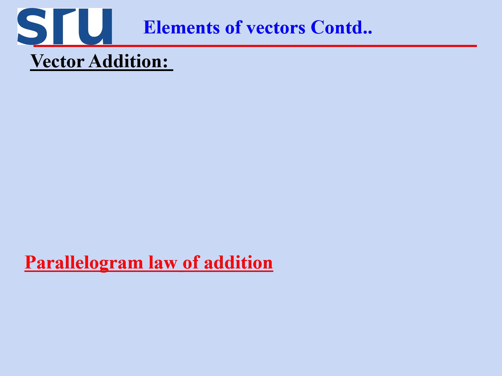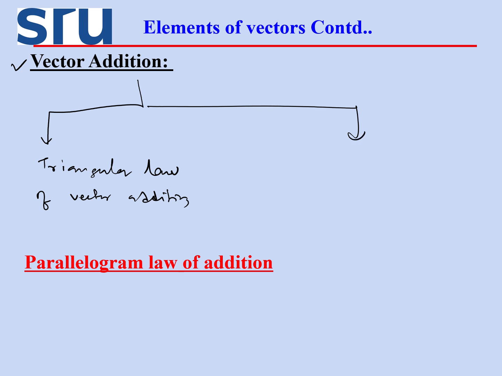Coming to vector addition, it can be done in two ways. One is the triangular law of vector addition. Another is the parallelogram law of vector addition.